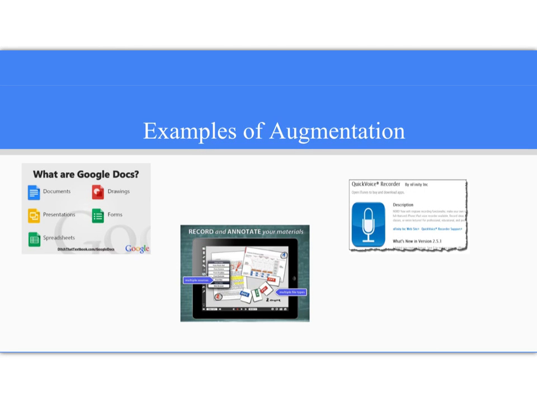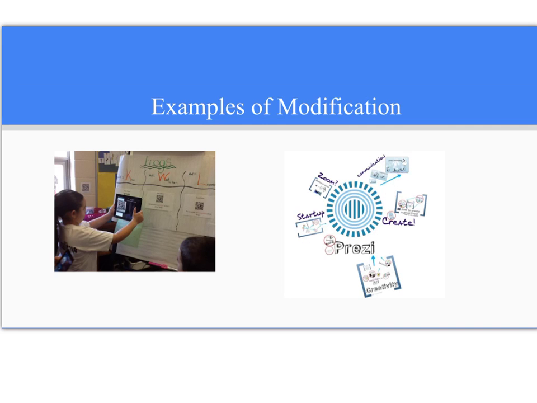Augmentation is when the technology acts as a direct tool substitute with functional improvement. Going back to the example of the essay, the student using Google Docs can also use an online dictionary and thesaurus. They can also share their essay with the teacher to get feedback, rather than having to wait to print it off and submit it prior to feedback.